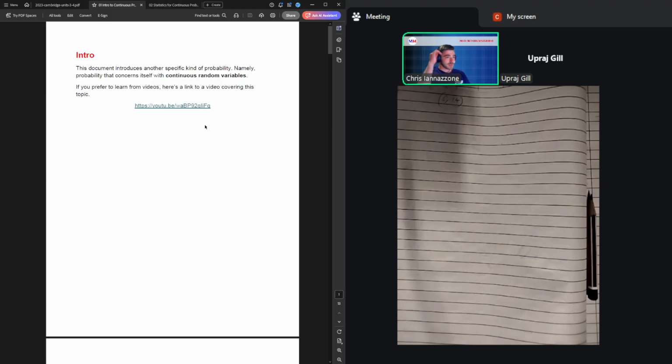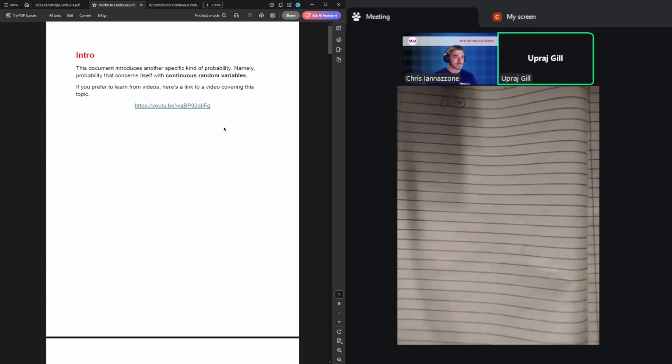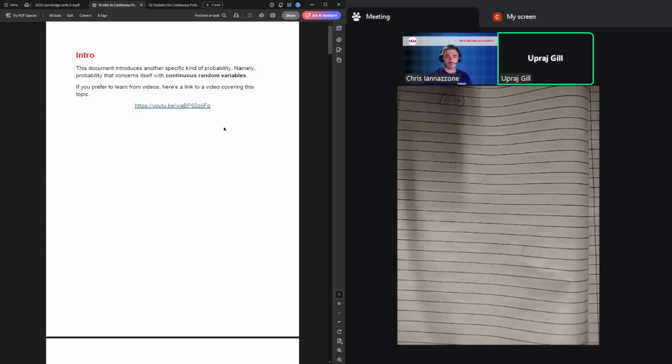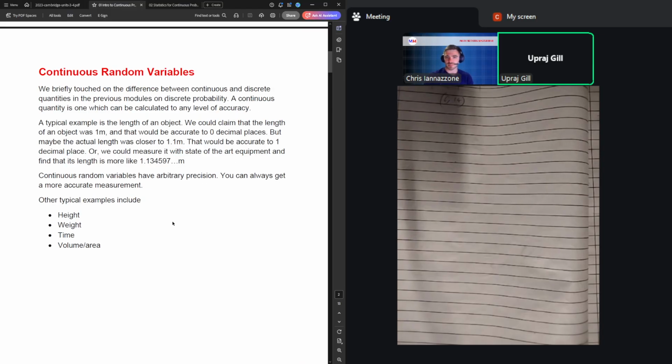So the next topic in the order is continuous probability. A lot of what we've been doing before was the discrete side of things. When it comes to continuous, what you're looking at now is quantities which don't fit very specific values. Like for instance, a dice roll, you can only get 1 to 6 on a six-sided die.